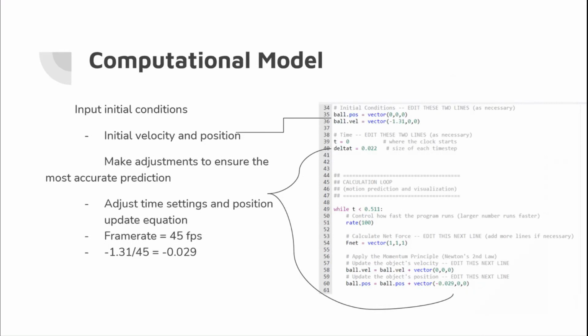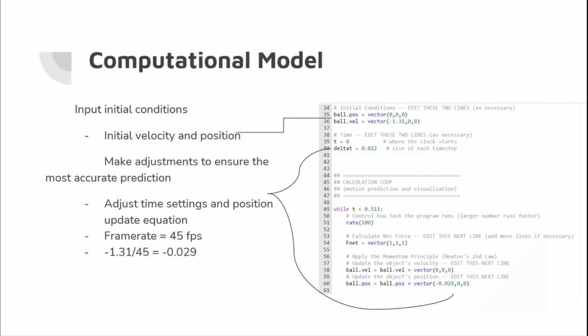Here we have our computational model, and what we need to do is plug in those values from earlier. As you can see, first we had to input the initial position of 0, 0, 0, and a velocity of negative 1.31 in the x direction. Then we had to make adjustments to our time and position equation.